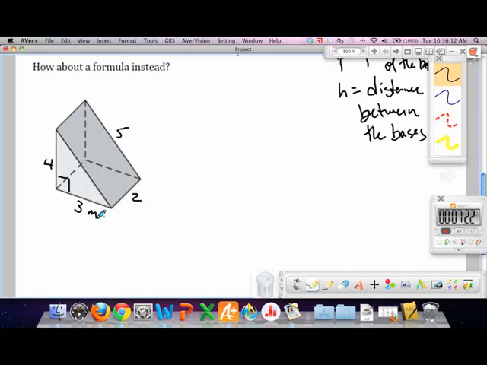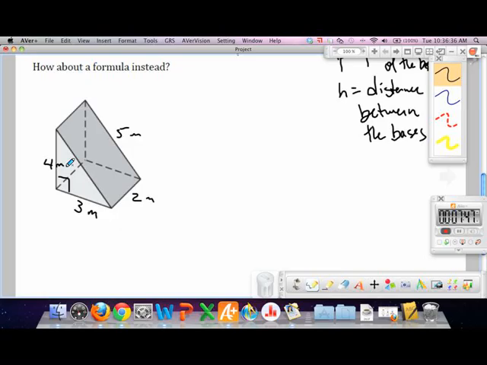Before you can jump into a formula, you need to know what the base is. So where is the base on this figure? Okay, why is it the triangle and not, say, this rectangle? 2 congruent triangles across from each other. What would you call this prism?